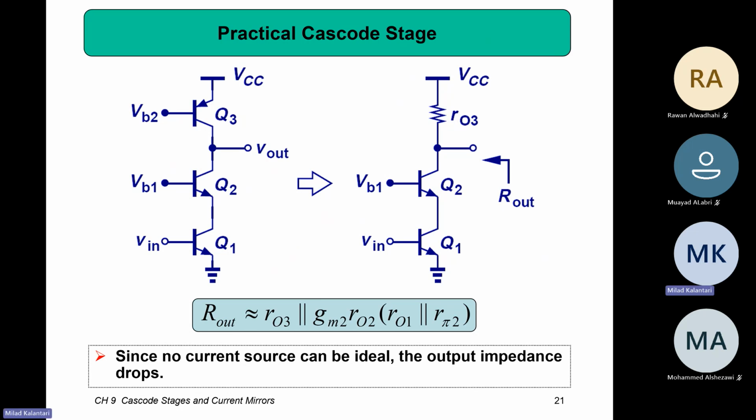So let's make the circuit a bit more practical. We said that we need some current source here to bias. But how do we make these current sources? We need a current source to bias to reach that gain.